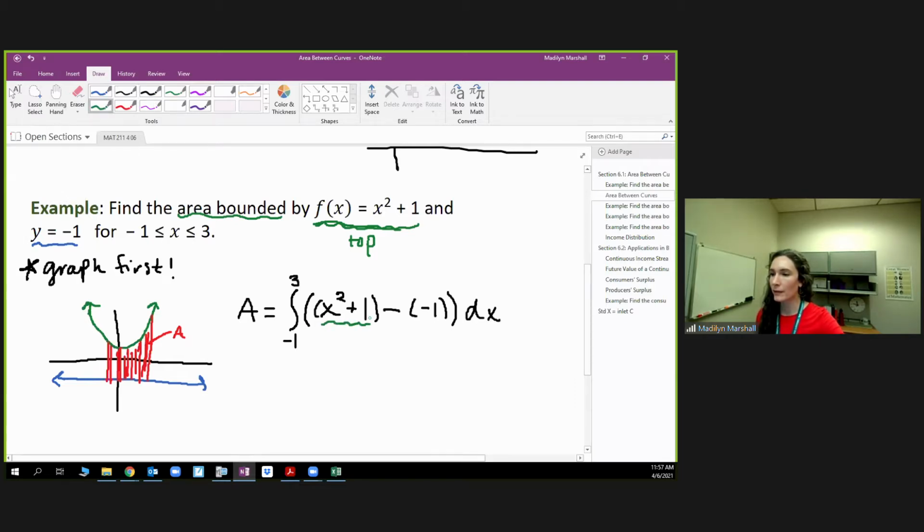So our f is the higher function, the function that's on top on the graph. And our g is the bottom, or excuse me, our y is the bottom function, the y equals -1.